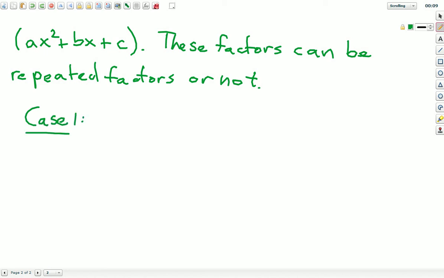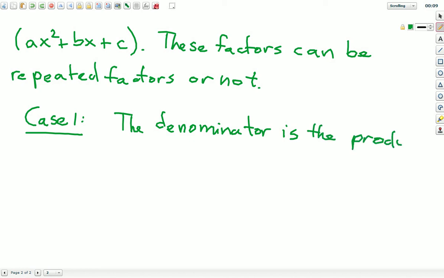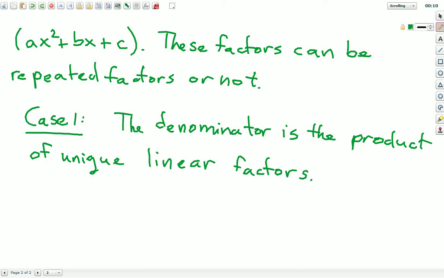So the first case that we're going to talk about is the case when the denominator r of x is a product of non-repeated, unique linear factors.